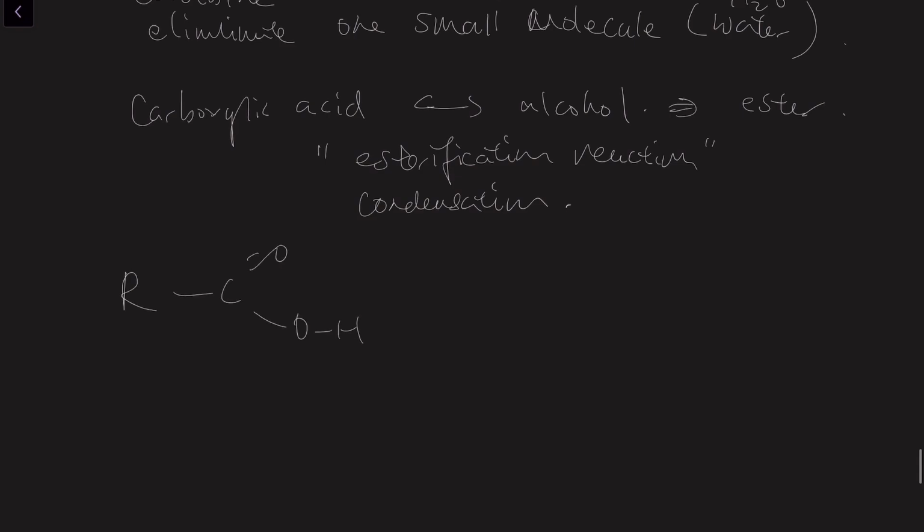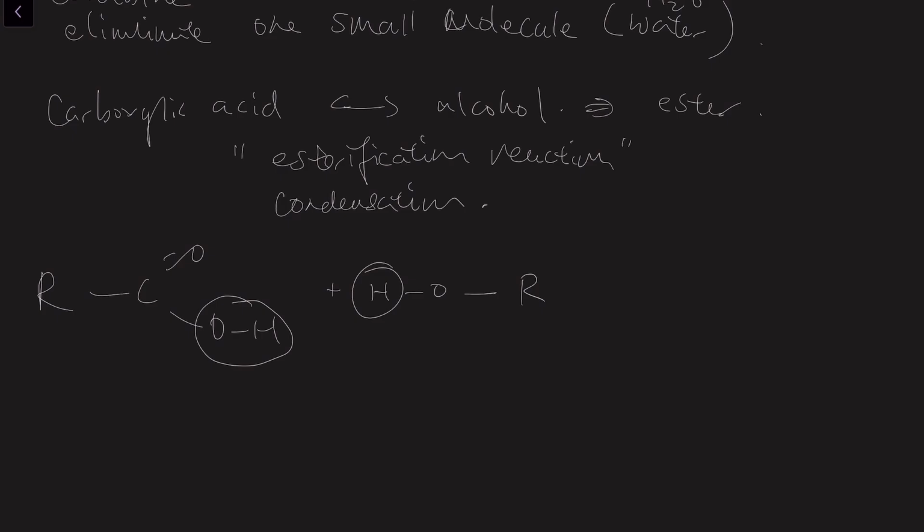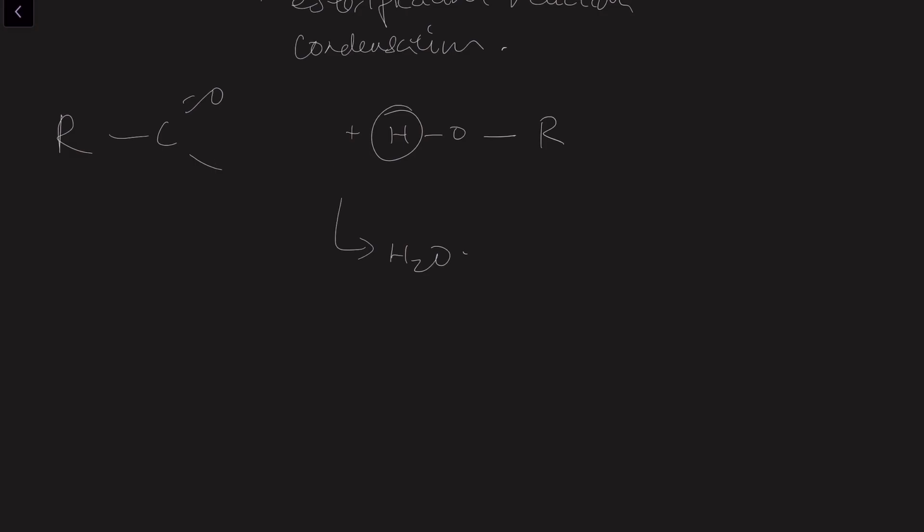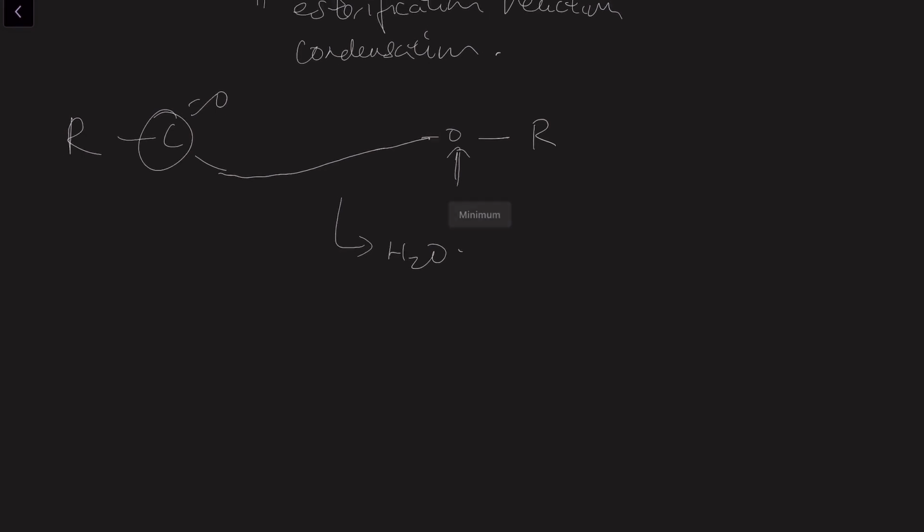What happens during this reaction is that the OH part from the carboxylic acid combines with the H from the alcohol to produce water. Then we establish a direct link between the carbon from the carboxylic acid and the oxygen that used to belong to the hydroxyl group.